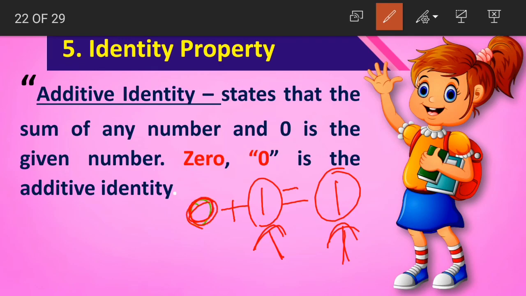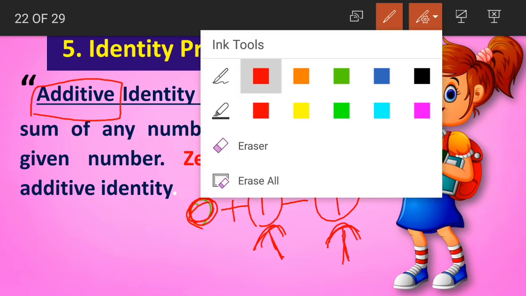So 0 is called the additive identity. Because when we add 0 to a given number, its identity will not change and it will give us the same number back.